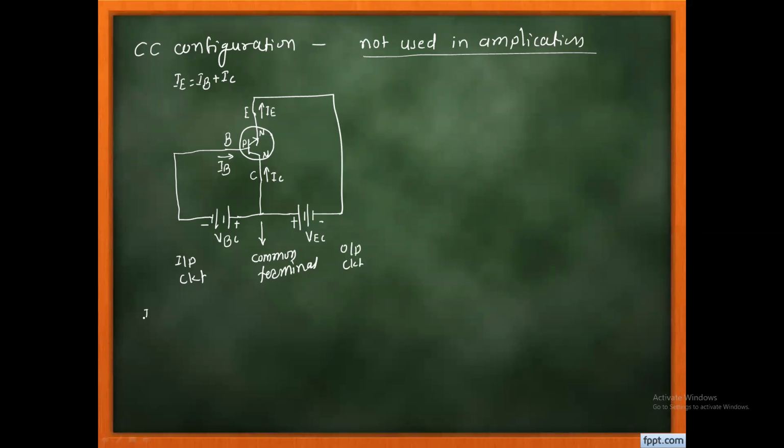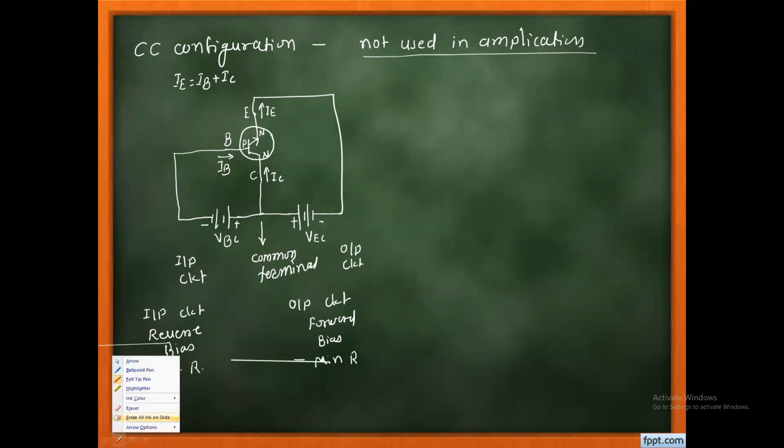Now if you observe the input circuit and the output circuit, the input circuit is in reverse bias and the output circuit is in forward bias. And we know the basic thing is that when a circuit is connected in reverse bias, it gives maximum resistance, and when it is connected in forward bias, it gives minimum resistance.